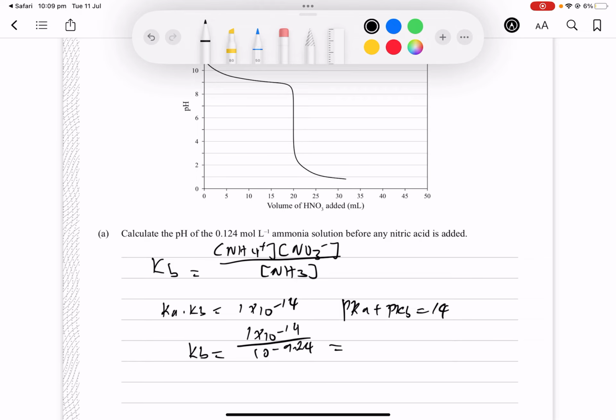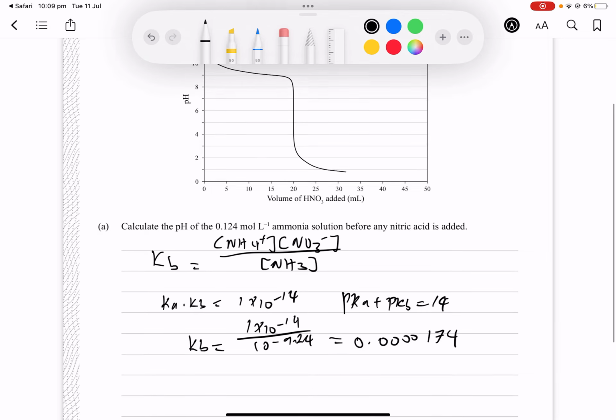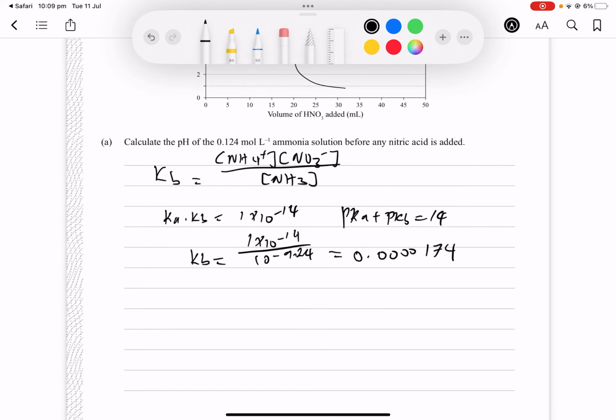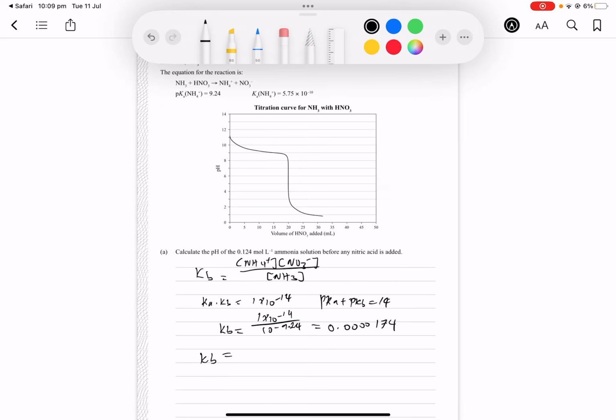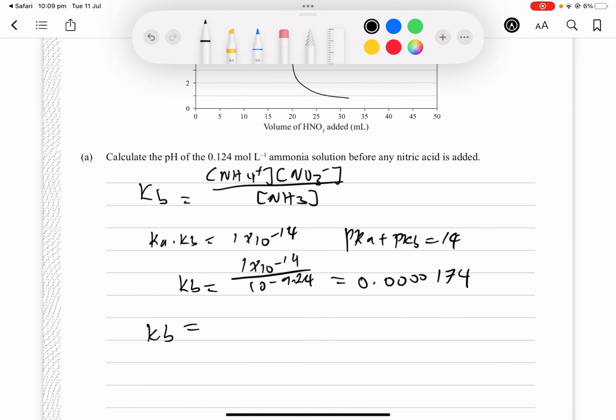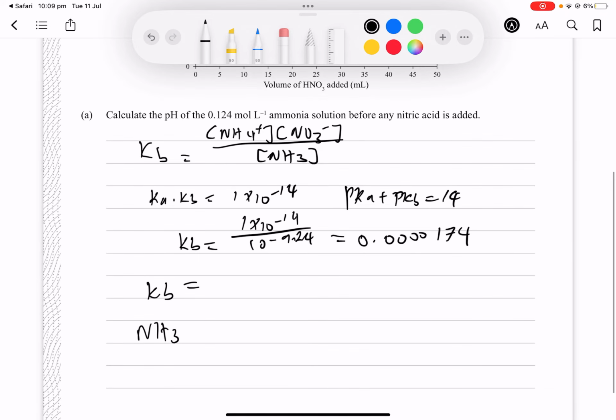So we have a value of 0.0000174. And now that's going to be equal to our right hand side. So Kb is equal to the concentration of NH4 plus multiplied by the concentration of, not NO3 minus in this case, because in this case we have NH3.